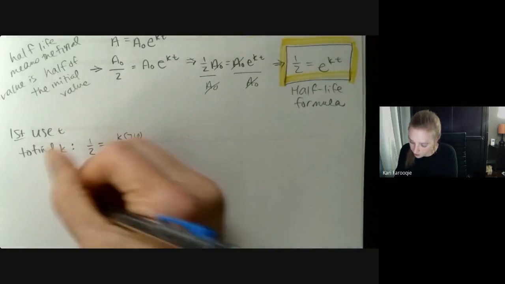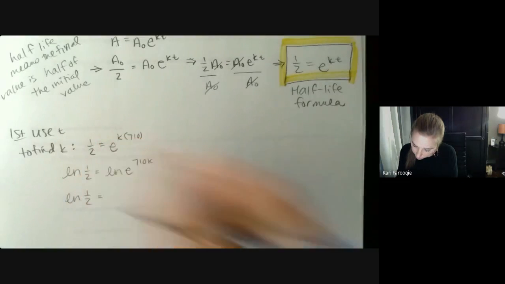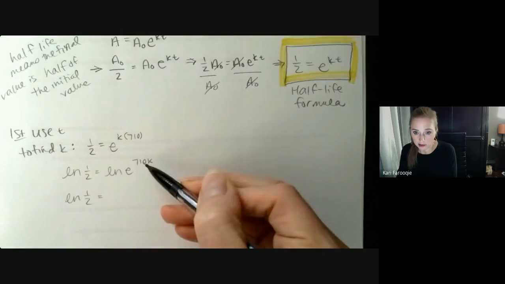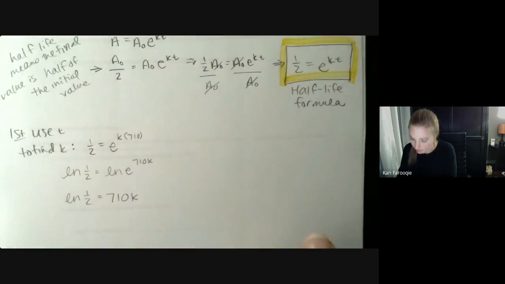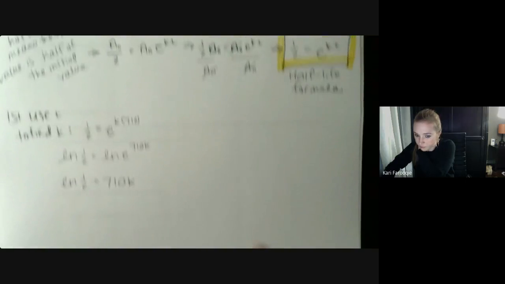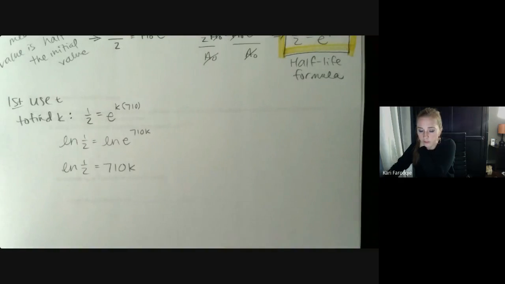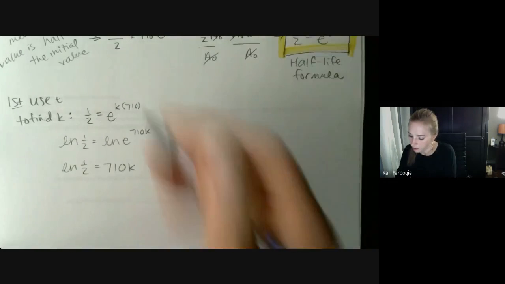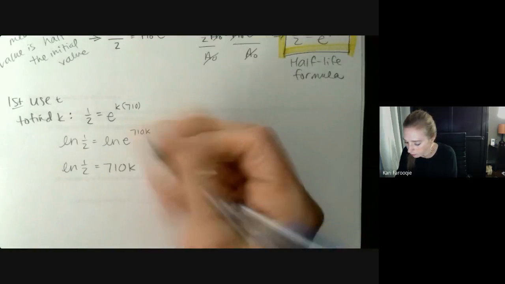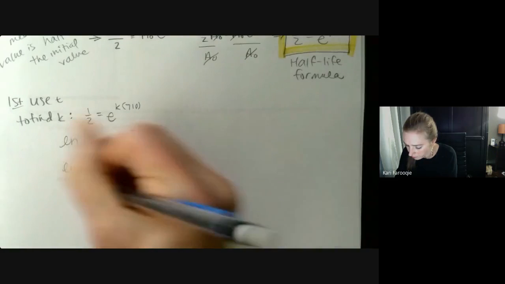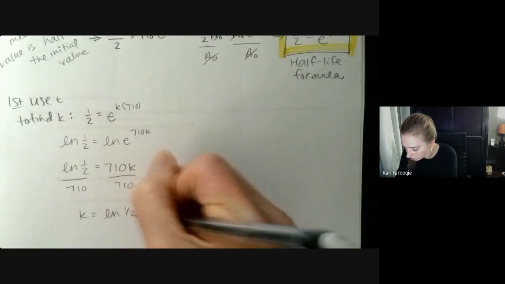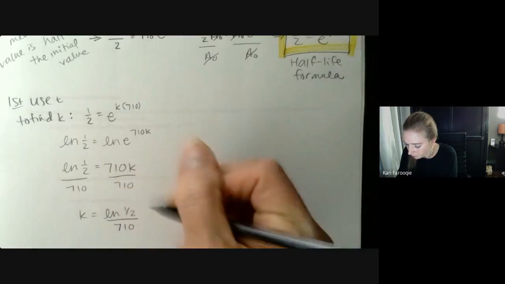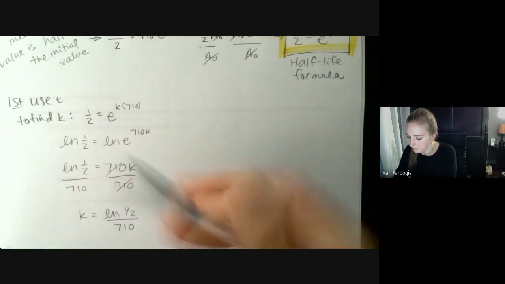And then the natural log of e to the x is just x. So on the right-hand side, we just have 710k. And then to solve for k, we'll divide both sides by 710. And we have k equals the natural log of 1/2 divided by 710.